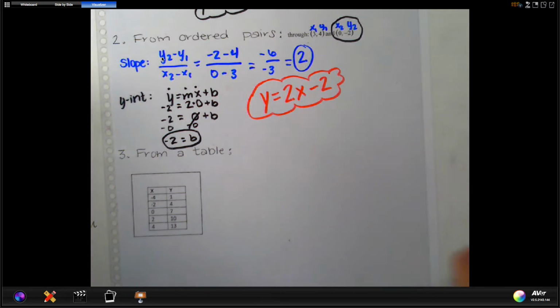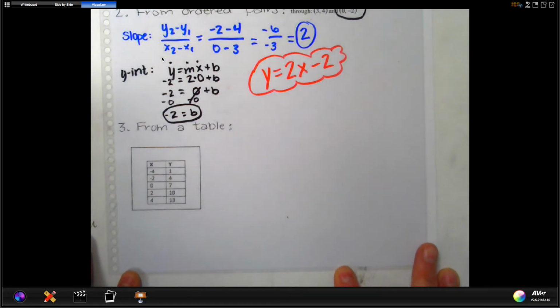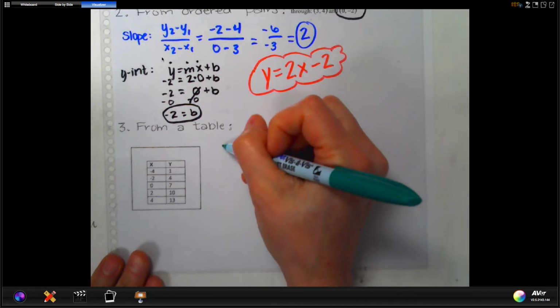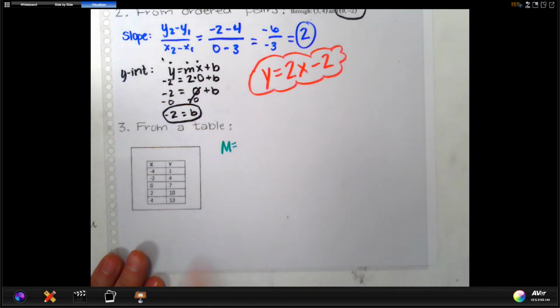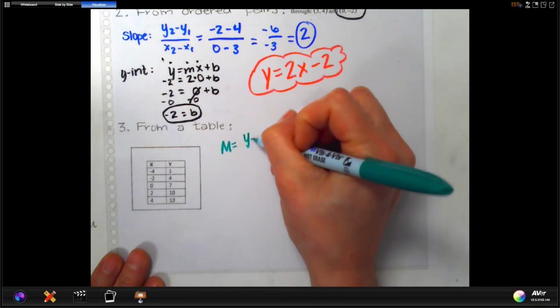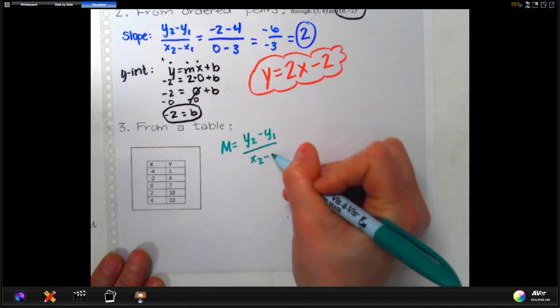Okay, last but not least to review is finding the equation, or writing the equation in slope-intercept form, from a table. So same way we start, we need the slope and the y-intercept. So slope from a table is going to use the exact same formula for our slope from above. We still use y2 minus y1 over x2 minus x1.